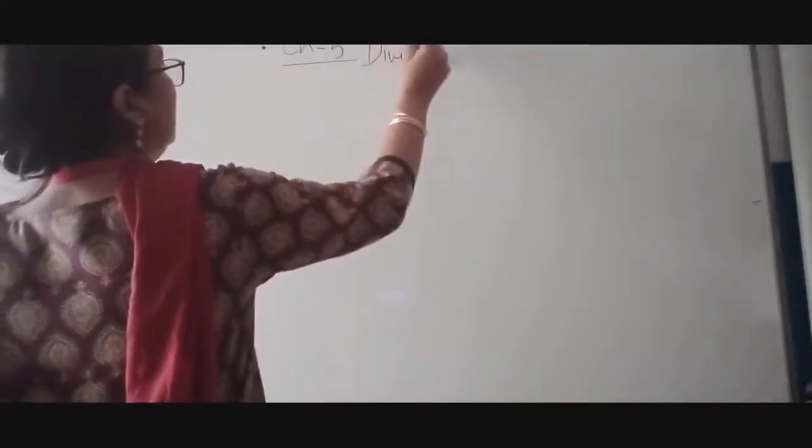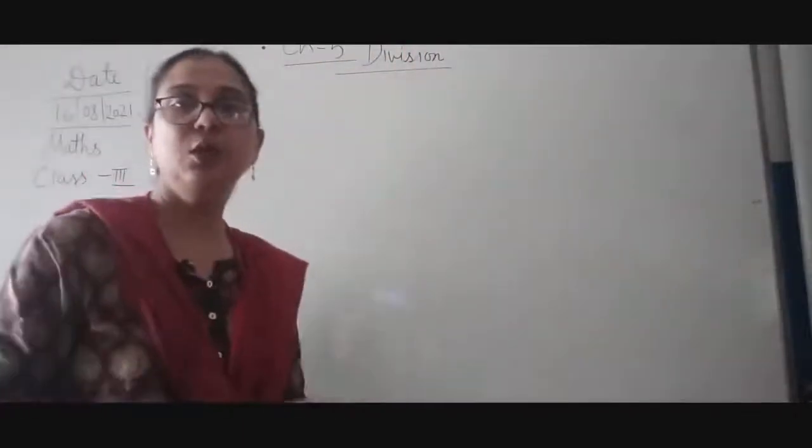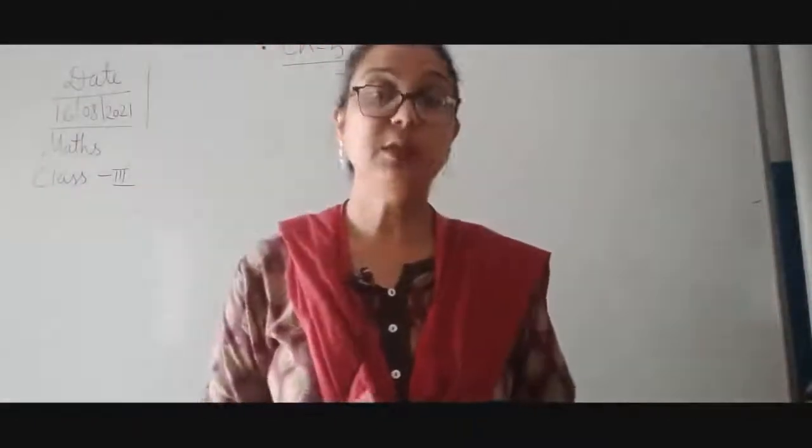Today is 16th August and this is your maths video class 3. We are doing chapter number 5, division. Yesterday we discussed how to do multiplication of single digit with single digit.